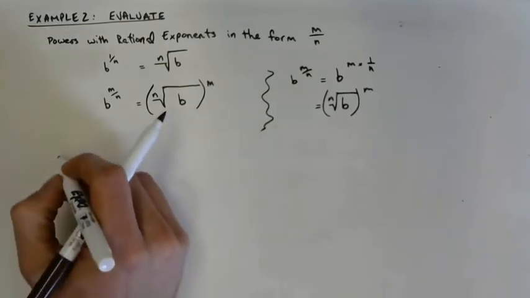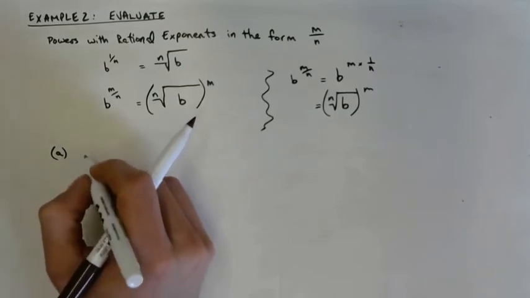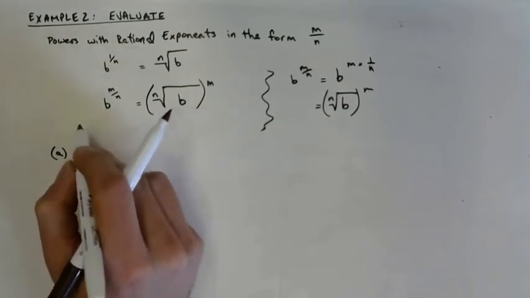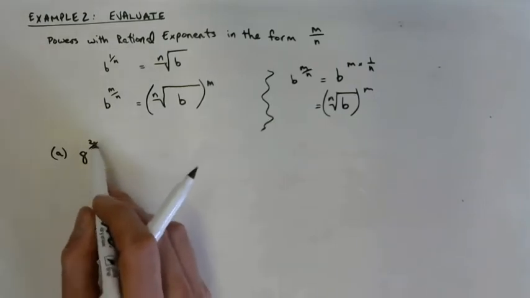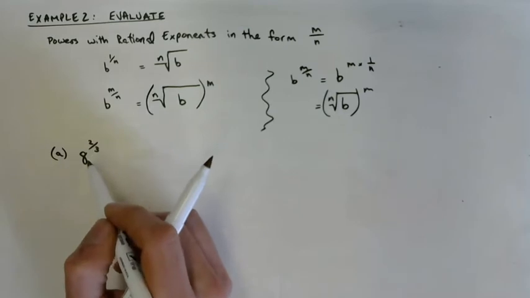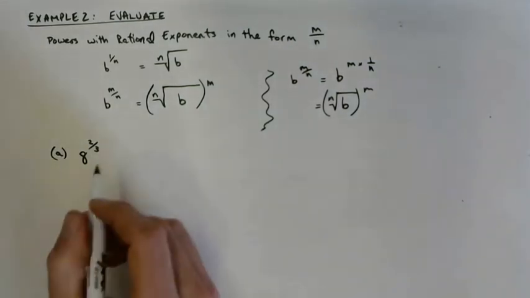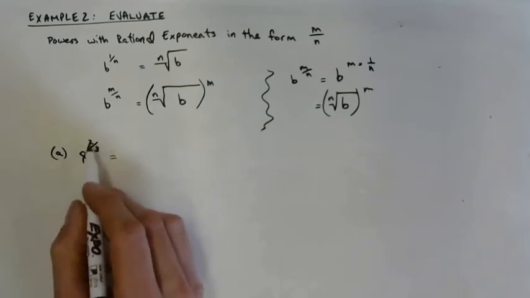We're going to see a few examples. Just wanted to kind of break it down and show you what's happening. And now we're going to show what's happening with real numbers as we go to example 2a. Example 2a, we're given 8 to the power of 2 over 3. So you can see we have a rational exponent in the form of m over n. It's 2 over 3. What we're going to do is split this up into two things that we actually understand.